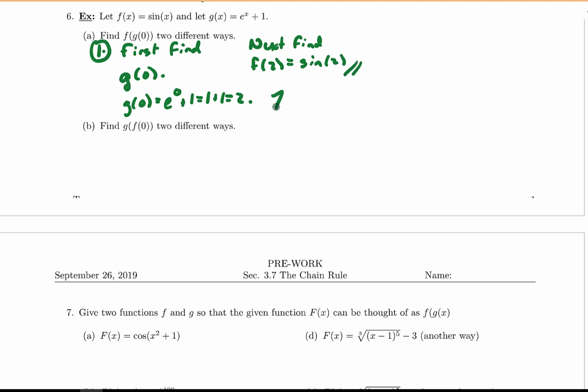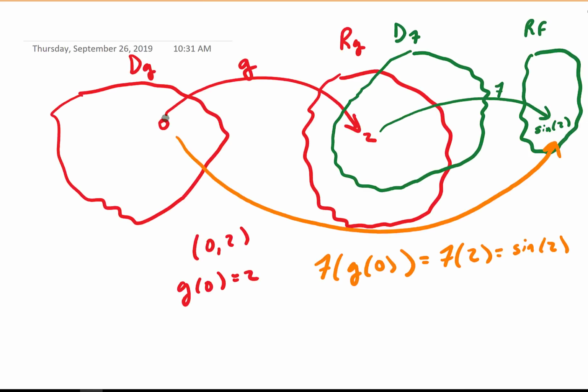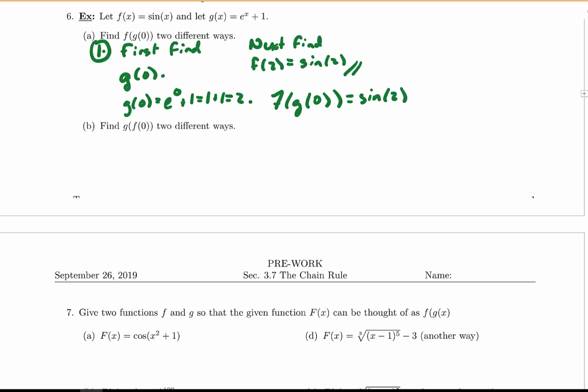So we see that f of g of 0 was equal to the sine of 2. And actually, if you remember, that's exactly the example that I gave you here. We plug 0 into g, and it spat out a 2. We plug 2 into f, and it spat out the sine of 2. Okay? So the way we just looked at that was a point-by-point way of doing this.